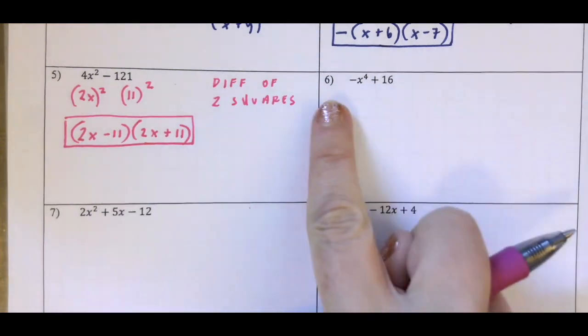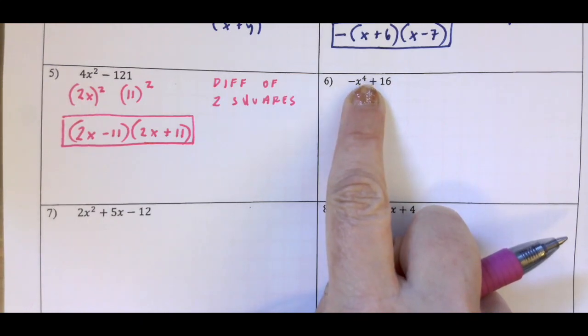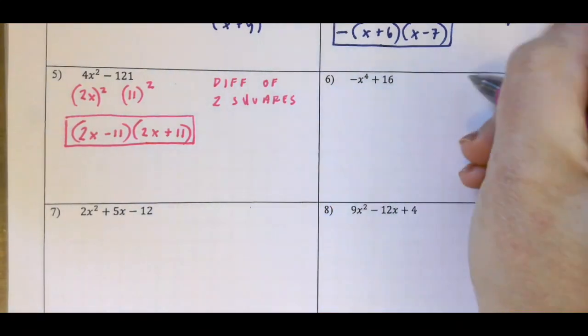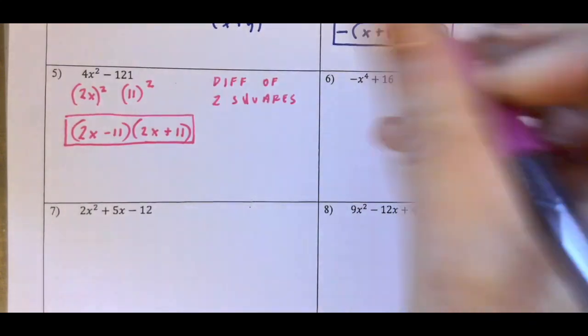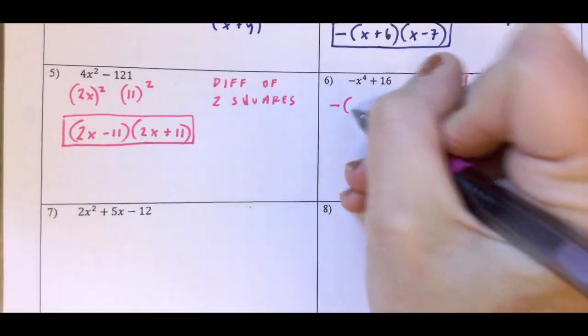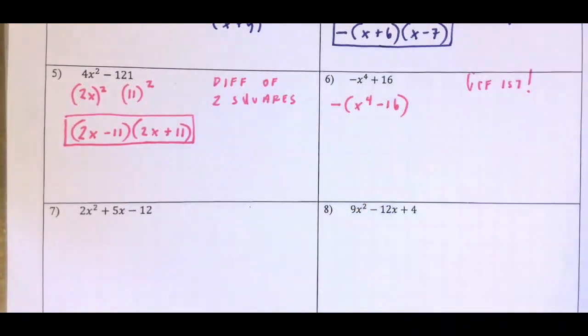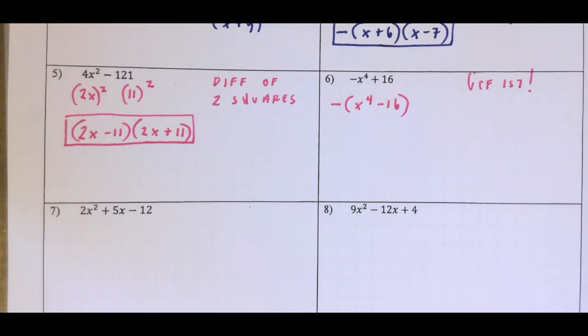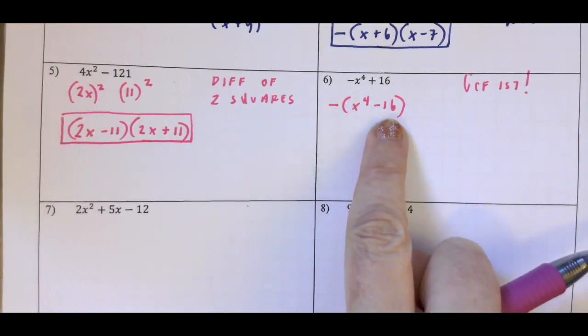Okay, in problem 6, here I see that there is a negative x to the 4th power that's coming first. So I have to remember to treat that as a GCF. GCF first. So divide out a -1, and we're leaving behind an x to the 4th minus 16. So now when I stare at that, I recognize that, oh, that's still a perfect square. So is that.